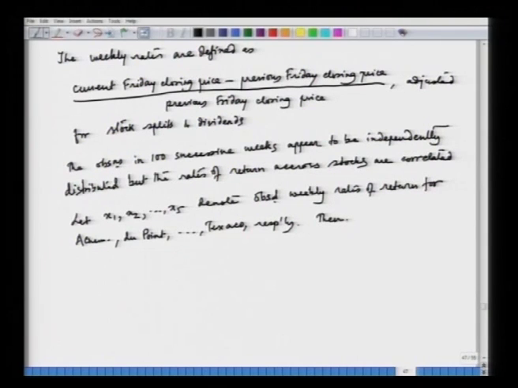Then suppose we have this information at our disposal, the 5-dimensional sample vector is given to us, if not the full data.